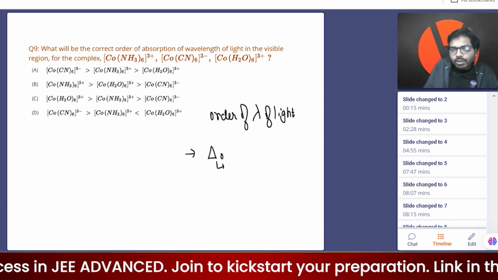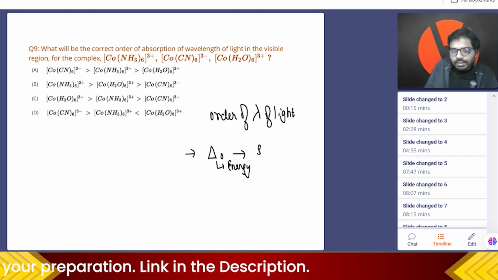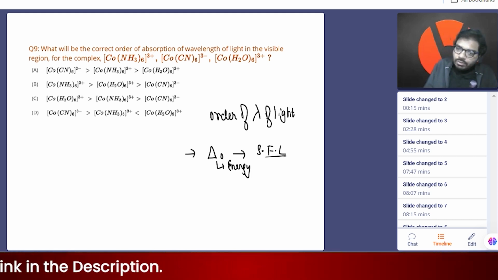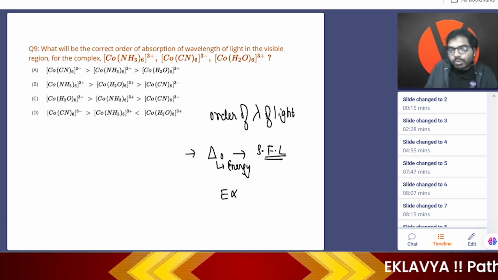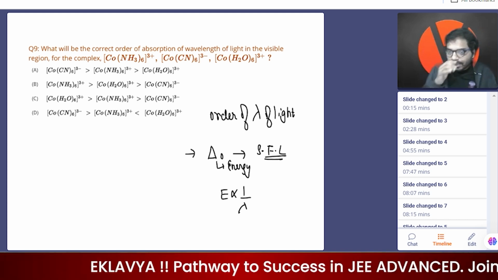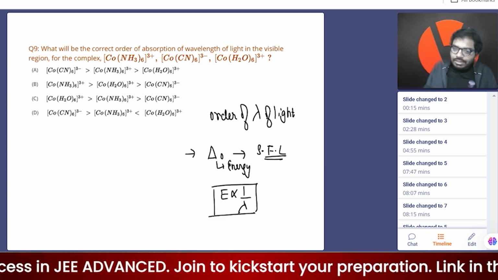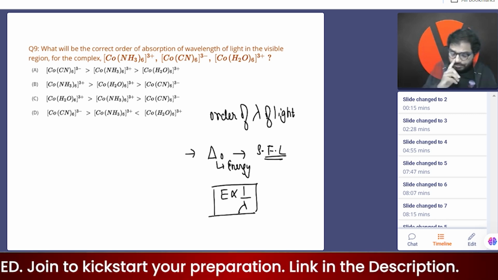First, we know the octahedral energy, delta O, is more for a strong field ligand. And as we know, energy is inversely proportional to lambda, E equals hc upon lambda. By that formula also we can conclude E is inversely proportional to the wavelength.